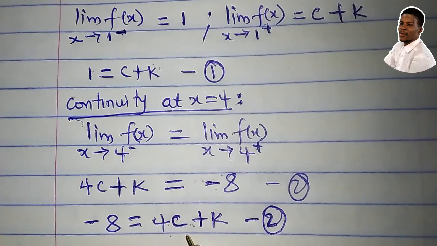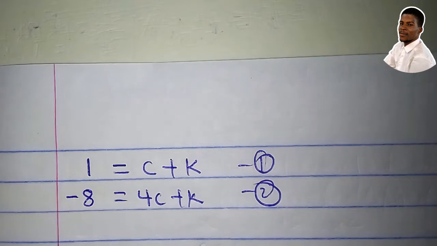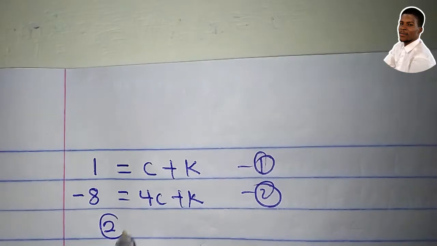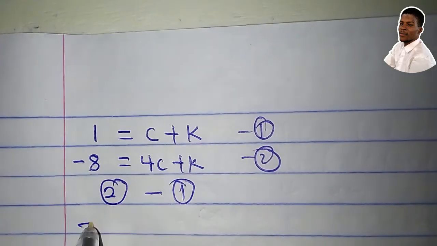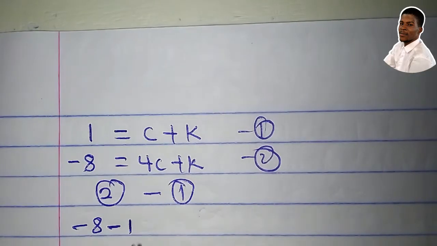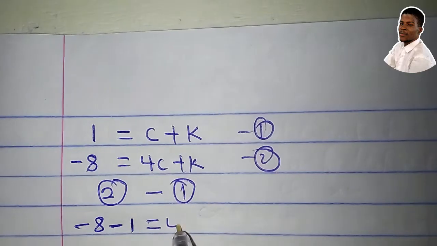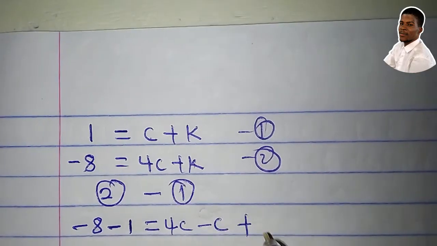We have two equations. Let's solve them simultaneously. I can easily eliminate k by subtracting either equation 1 from 2 or equation 2 from 1. So if I say equation 2 minus equation 1, that will be minus 8 minus 1, is equal to 4c minus c plus k minus k.